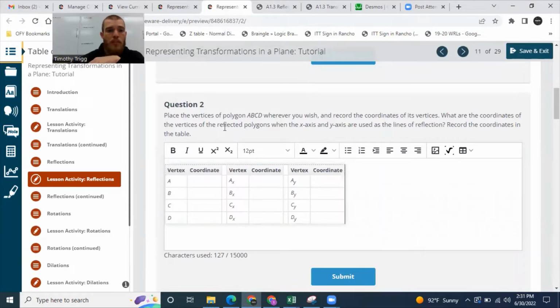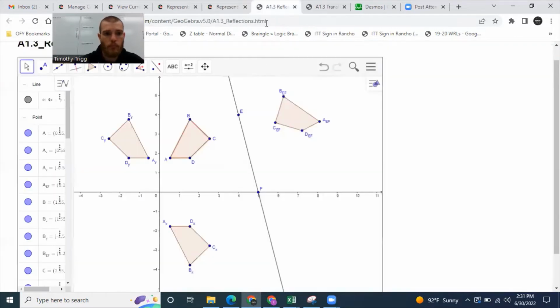Place the vertices of polygon ABCD wherever you wish, and record the coordinates of its vertices. What are the coordinates of the vertices of the reflected polygons when the x-axis and y-axis are used as the lines of reflection? Record the coordinates in the table.